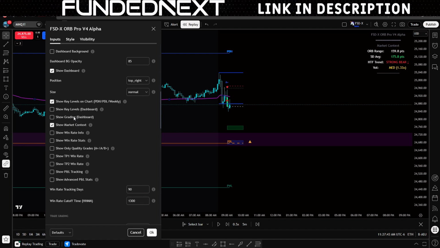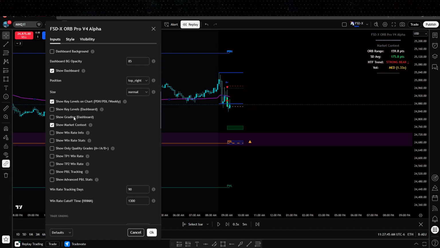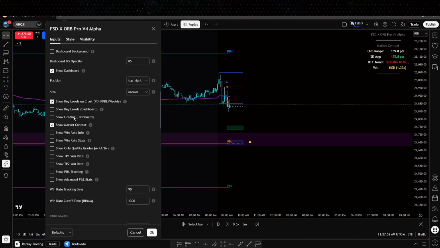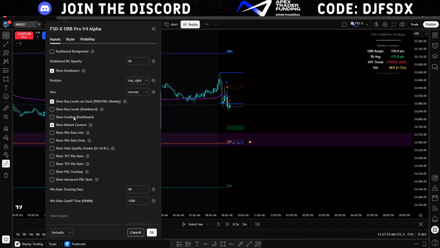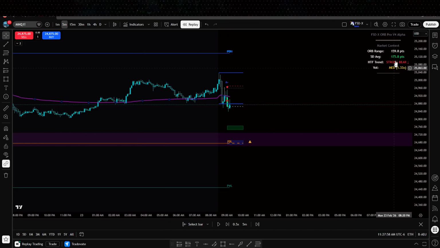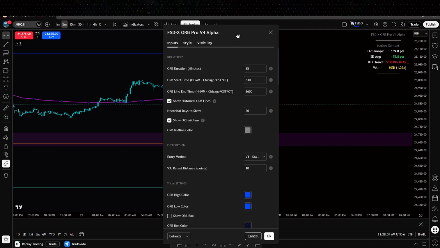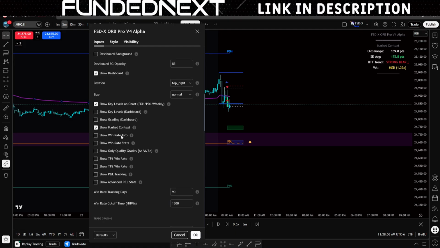And for TP2, it picks the strongest level. Usually you'll see TP1 be a previous day low or some type of key level. And TP2 could be a round number, like a psychological number. It could be a fair value gap, or a key level. It's just wherever it thinks price is most likely to hit.